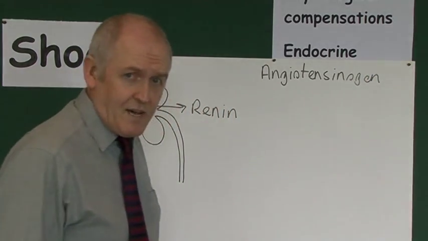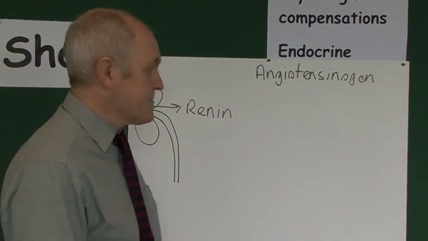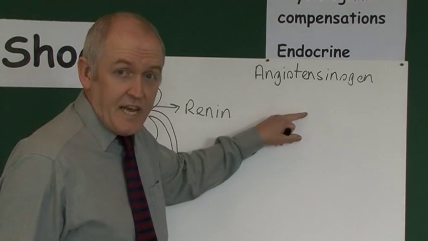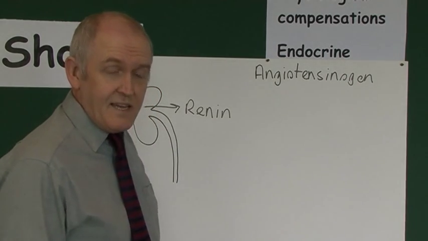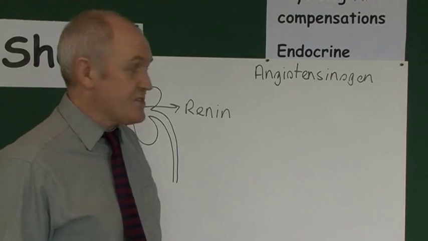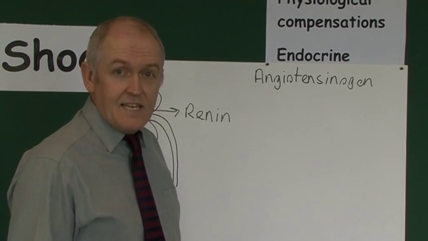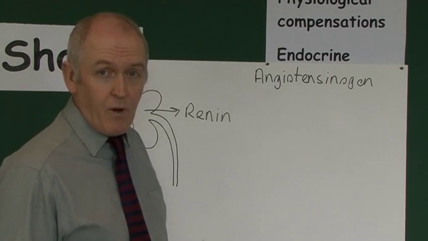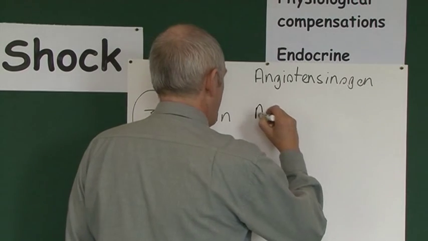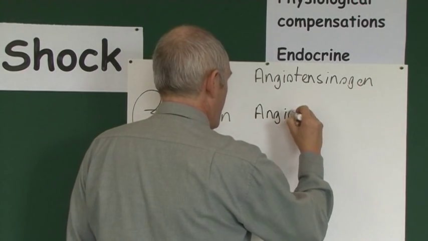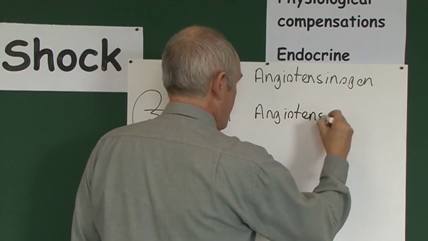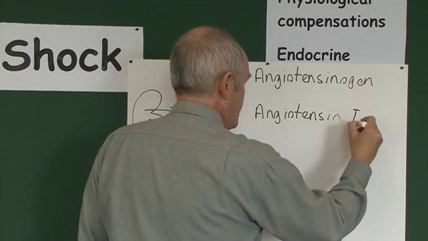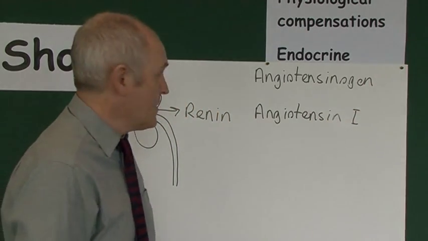Just circulating around. But when this angiotensinogen is acted on by renin, the renin converts the angiotensinogen into angiotensin type 1.